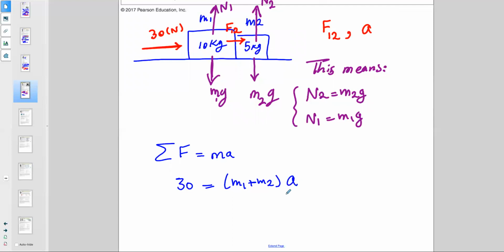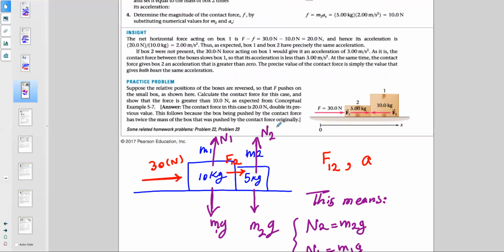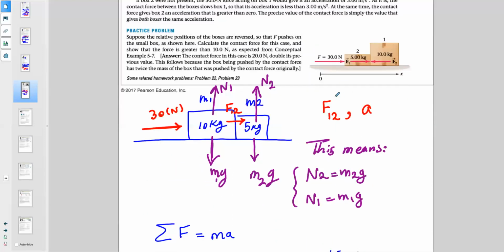And then I have A here. So which means that M1 plus M2, 10 plus 5 is 15 times A, and A is 30 over 15, which is 2 meters per second squared. All right, so if you do that, this one is checked.